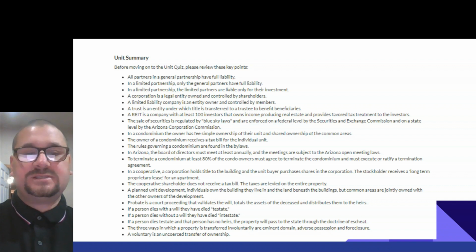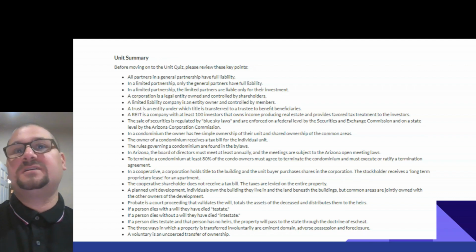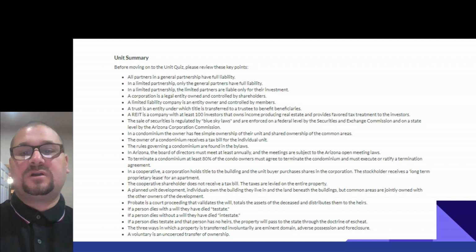There are three ways in which a property is transferred involuntarily, right? Involuntary meaning they didn't volunteer for this: eminent domain, adverse possession, and foreclosure. Those are three ways you can transfer a property.